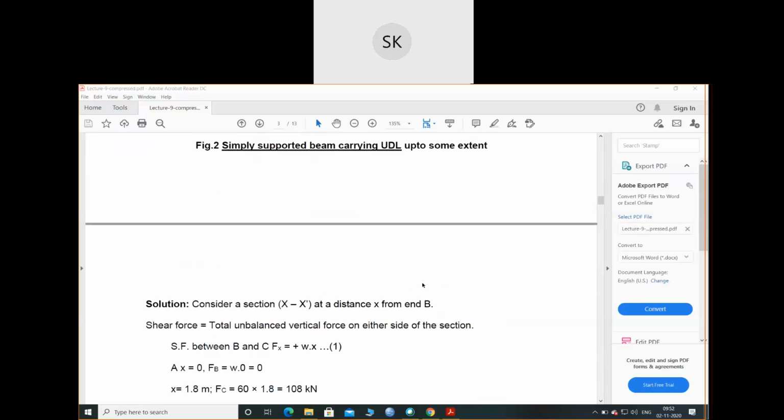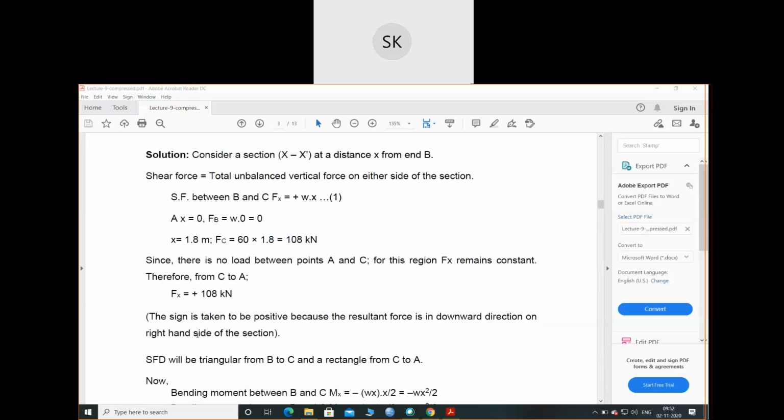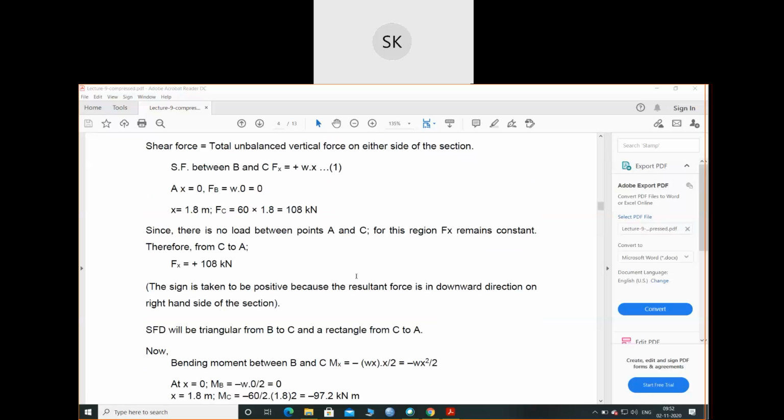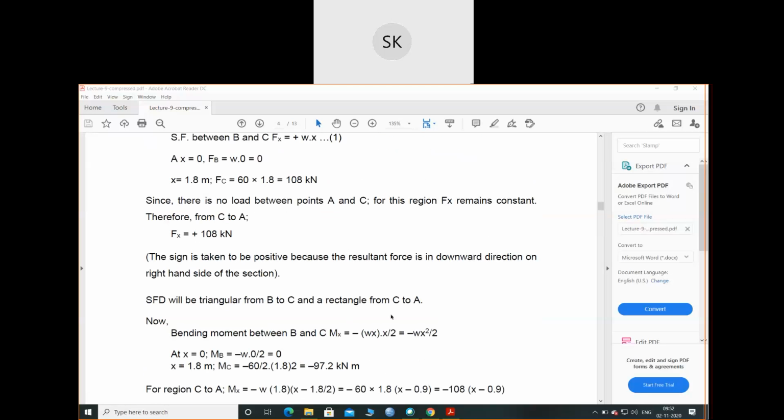Let me see what direction they have considered. See, they have taken the clockwise moment as negative. If they are taking clockwise moment as negative, that's why it is negative.